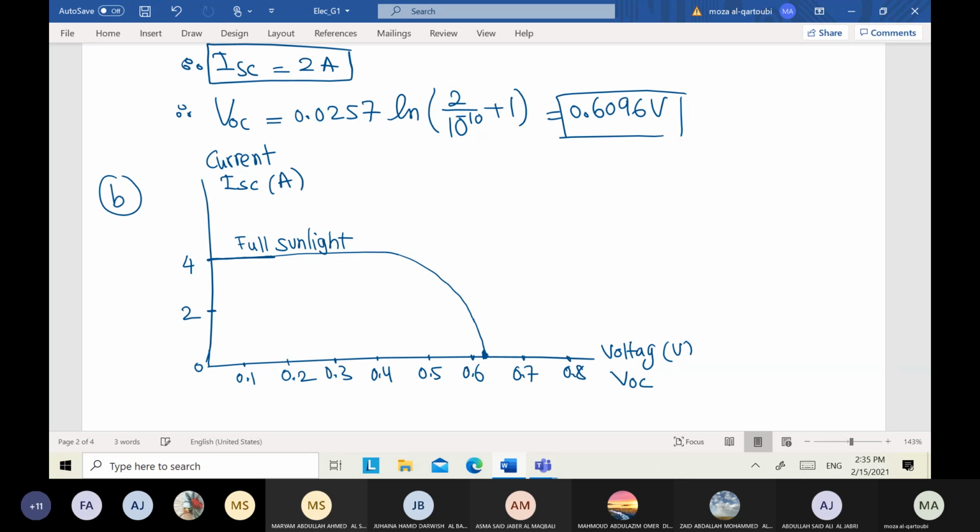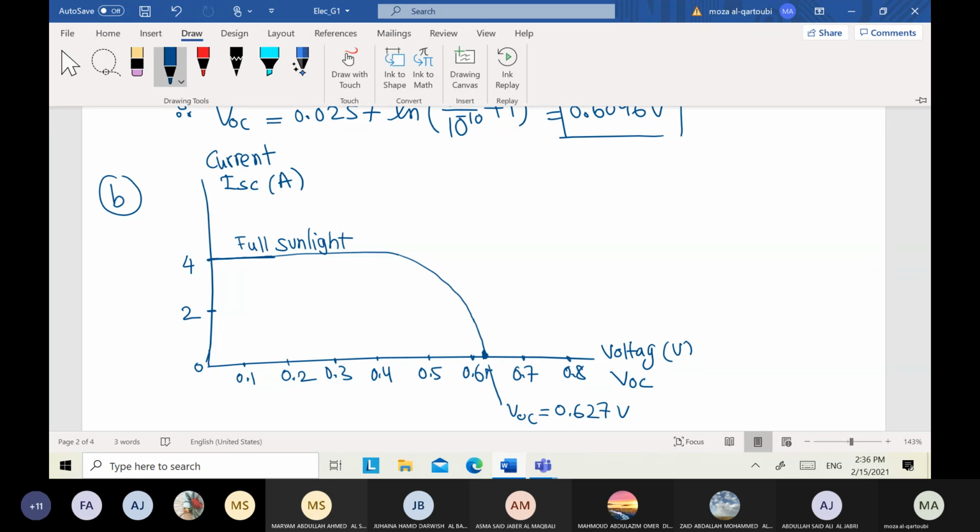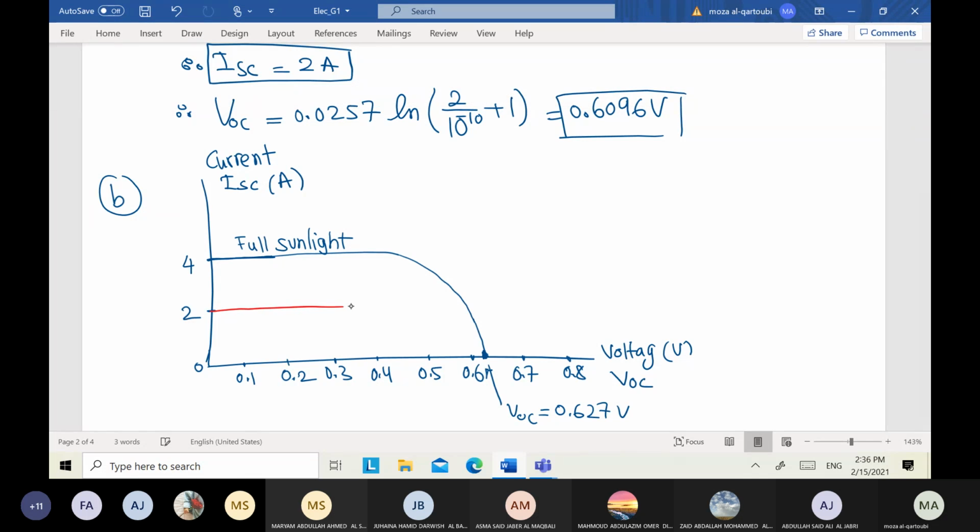100% of sunlight. Approximately this value equals V open circuit equals 0.627 volt. Other curve now for the next part, when given 50% of sunlight, at 2, also equal 0.6, less than the previous one, so it will be like this. So this is at 50% of sunlight.